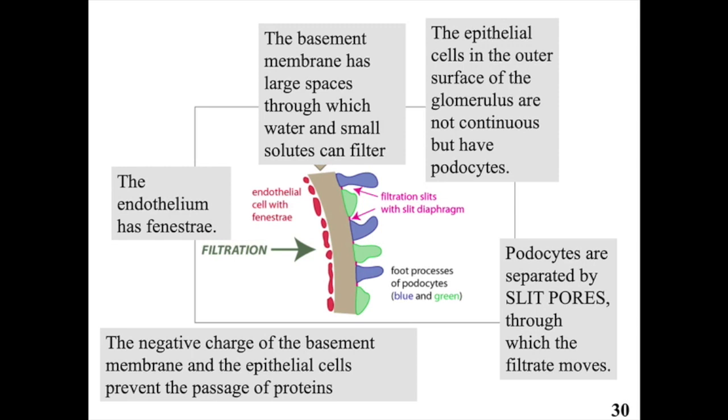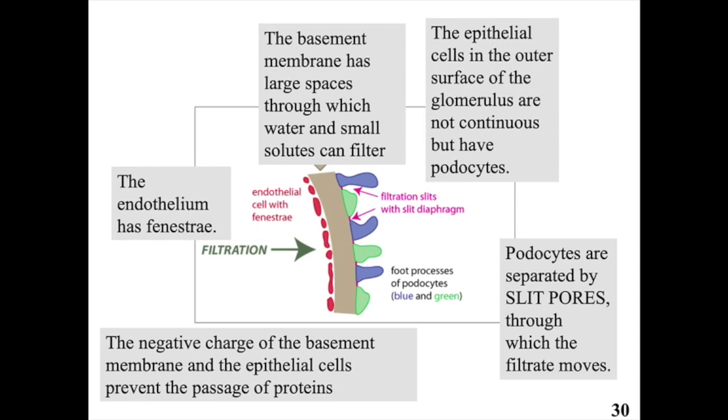What other substances or aspects of the blood have trouble passing? Cells, for example. If a red blood cell, for whatever reason, can cross, it would be very damaged when it comes out of the filtration apparatus, because it has to pass the space between the endothelial cells, the basement membrane, and the filtration slits.